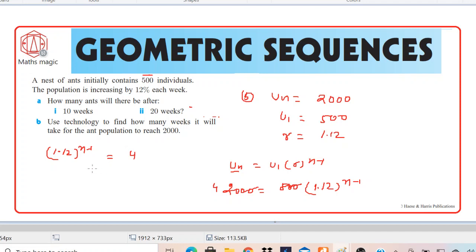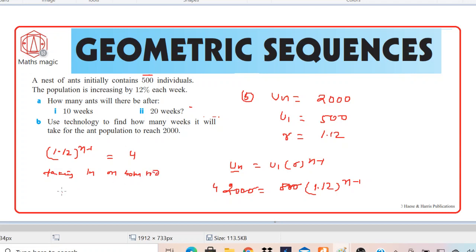Now the question is, how can you solve this? In some cases we can directly use the calculator to solve it, or we can use log to solve it. So we can take ln on both sides.